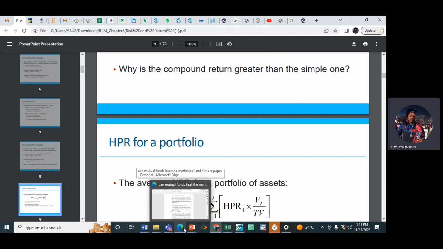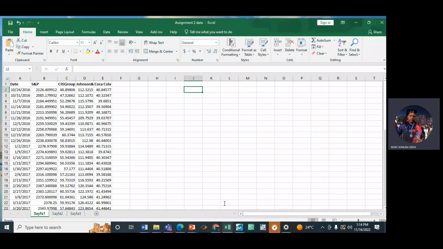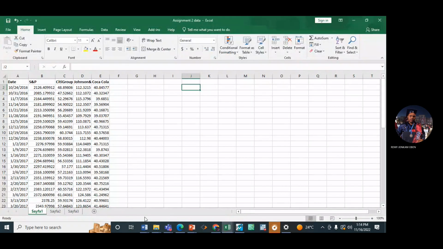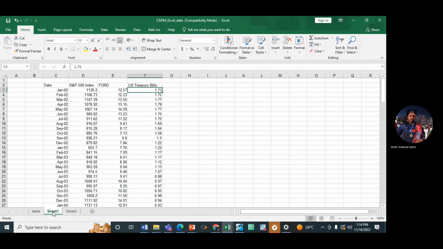So if you notice, these treasury bills, I just copied this data and put it on Excel because I want to use it. But these treasury bill figures are annualized figures, right? But these S&P 500 figures are monthly figures, and these fourth figures are monthly figures.